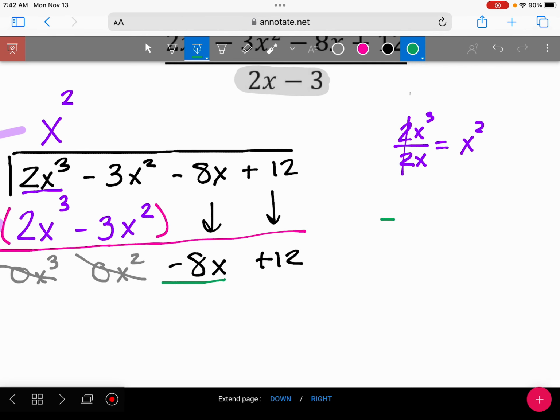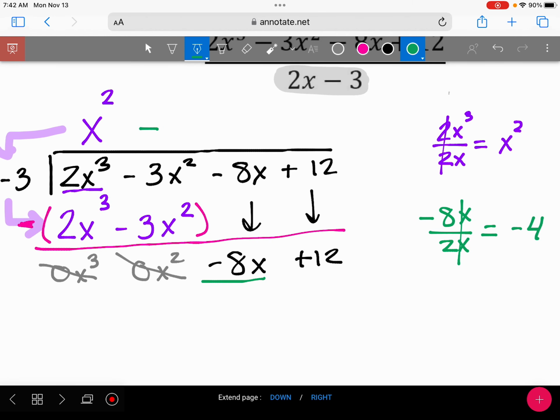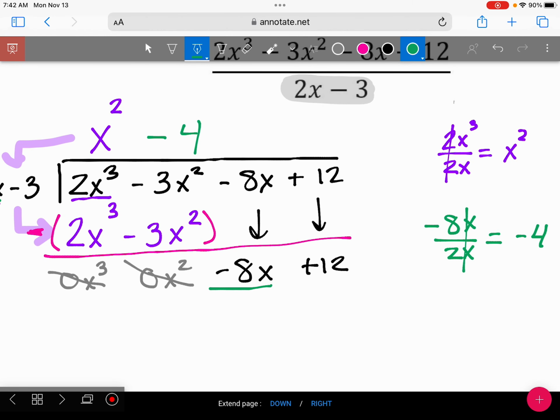So if we have minus 8x divided by 2x, what do we have left over? Super close. Minus 4. What happens to the x's? They cancel. So we just have minus 4 as our next term.